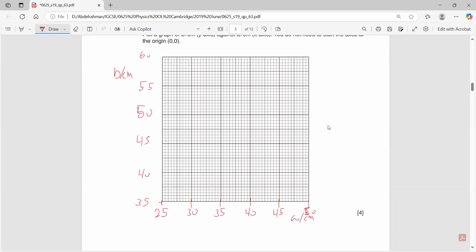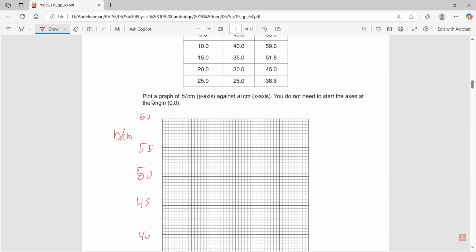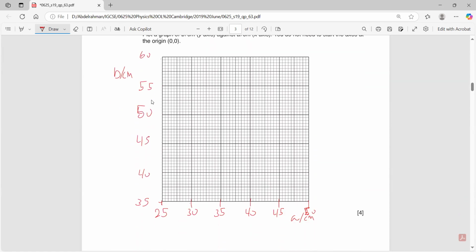So it's not enough, right? We need to use a different scale of tens. We start with 30, 40, 50, 60, 70. This would be an okay scale.